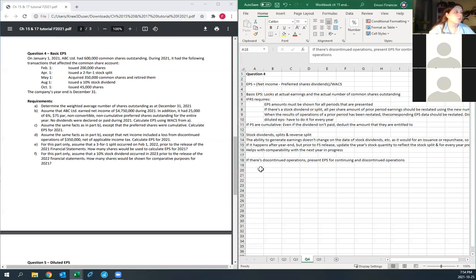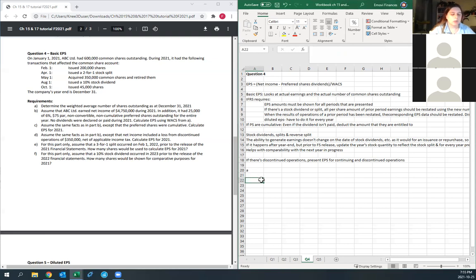So what they're asking you first to calculate is the weighted average number of shares outstanding as at December 31st, 2021. So basically, you want to find, after all of these transactions, on average, how many shares there were during the year for that company.